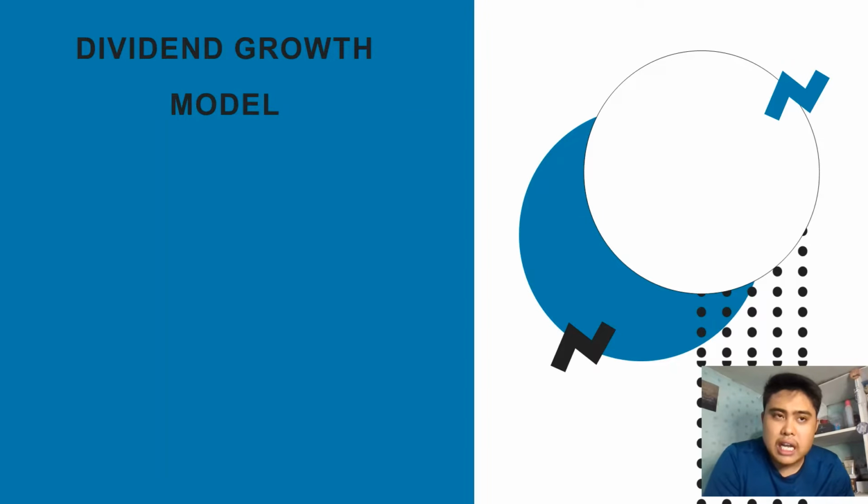Okay, so now let us discuss the cost of common equity. And to compute cost of common equity, you can use either the dividend growth model or the capital asset pricing model. So, the question, sir, is, kailan ko gagamitin ang dividend growth model at kailan ko gagamitin ang capital asset pricing model? So, number 1, pag sinabi ng problem, ito ang model na gagamitin.